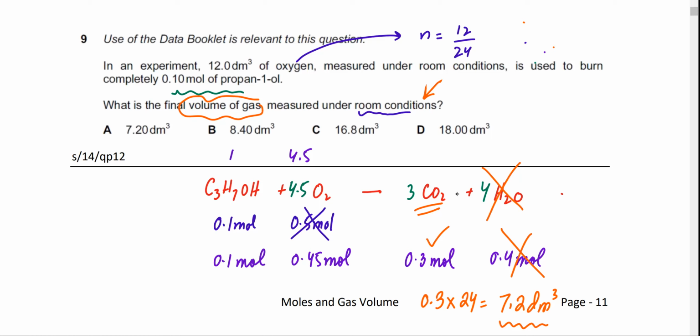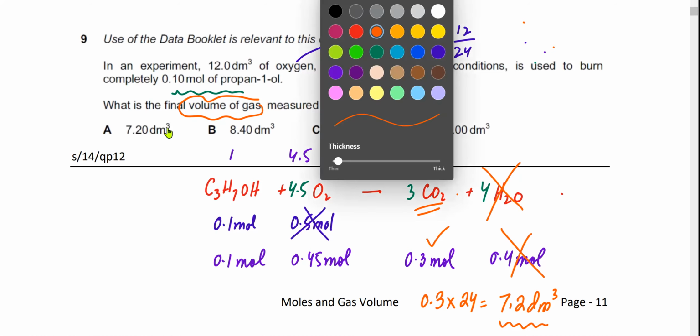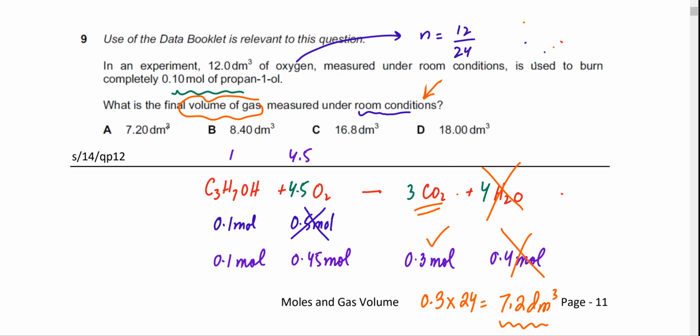But that is an option, but that's not the answer. The reason that's not the answer is because he's saying what is the final volume of gas. He didn't say what is the final volume of the gases in the products. Because remember, there is some leftover oxygen as well. Not all the oxygen is reacting. So there is some leftover O2 gas. And why is there some leftover O2 gas?